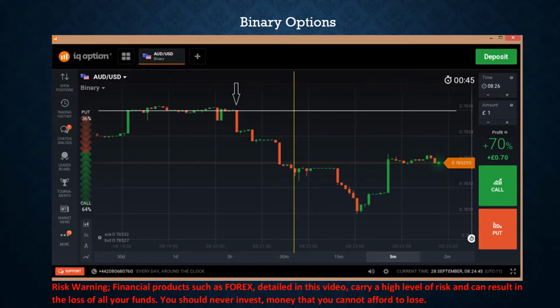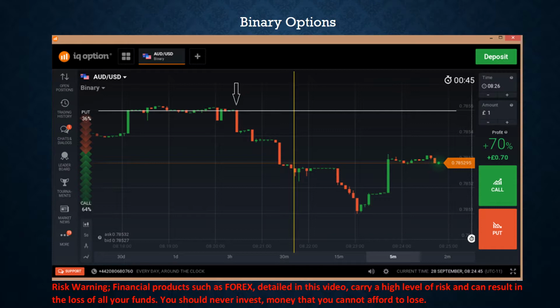Let's move on to binary options. I think binary options are very popular at the moment, and it's called a high-low option. So it's a fixed return option. So essentially, a fixed return option means if the market moves in favor of yourself, you have a fixed return. So for example, in this instance on here, we have the amount of £1, profit is 70 pence.